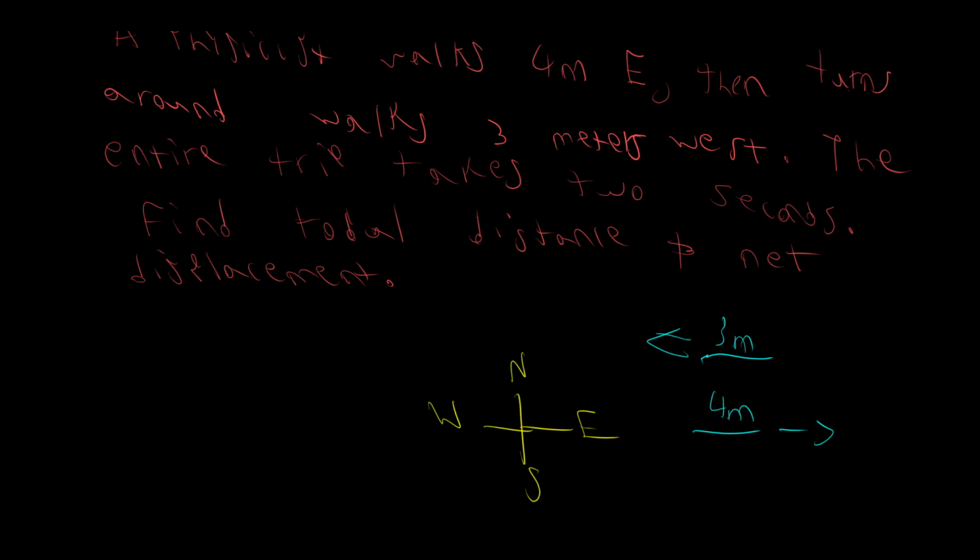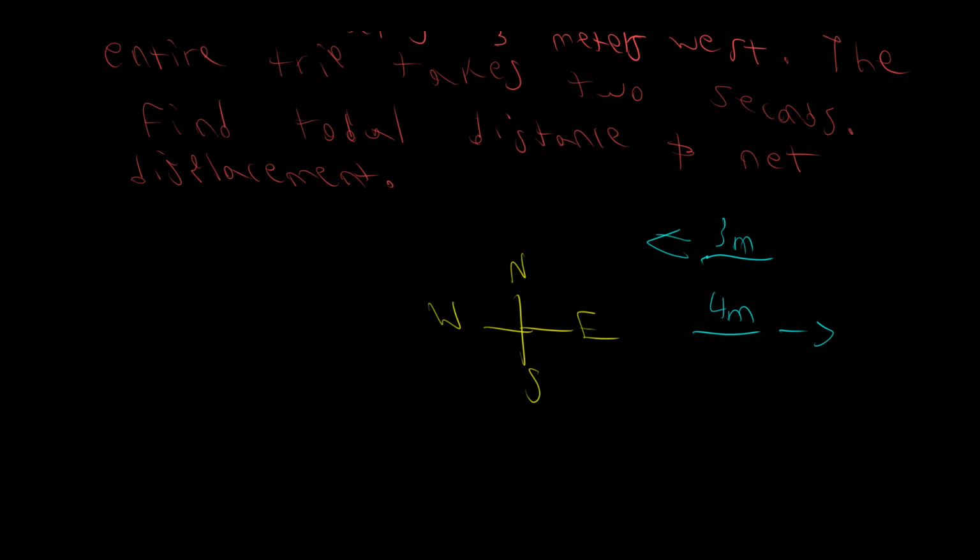This is back to the left. So since this is forward to the right and this is back, we would just minus these, and since this one's bigger, so this minus that. So we'd get our net displacement, which is signified as delta x, is equal to 1 meter east.